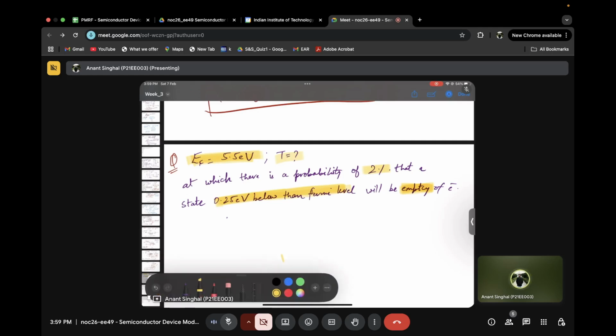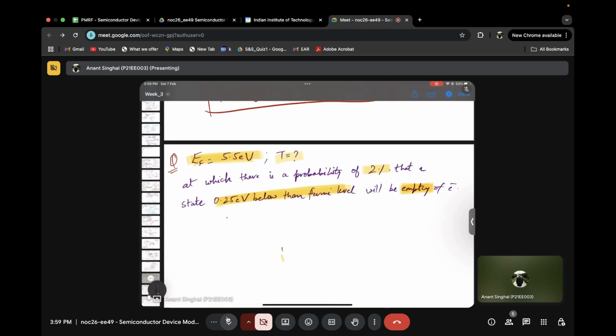So can anyone tell me what is this 2%? If you understand the concept, you should be able to tell. Anyone wants to take a guess?